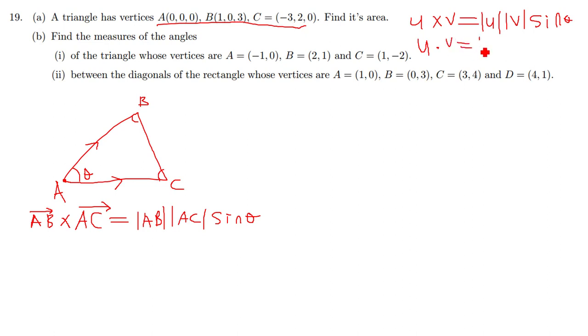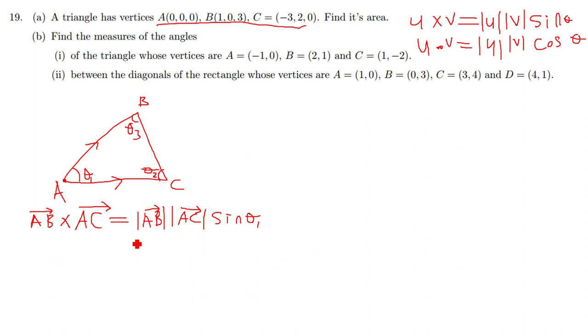So U dot V is simply the magnitude of U, the magnitude of V, and then you put cos theta. So for dot there is cos, for cross there is sin. Here what you just need to do is make sine theta the subject of the formula, so that you find your theta. This one I'm going to call theta 1, this one is theta 2, this one is theta 3.